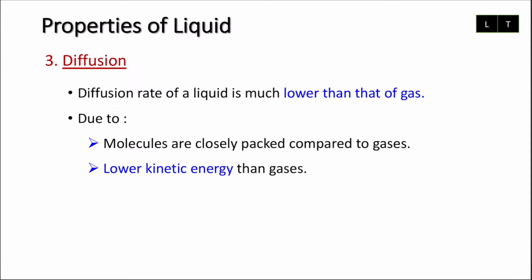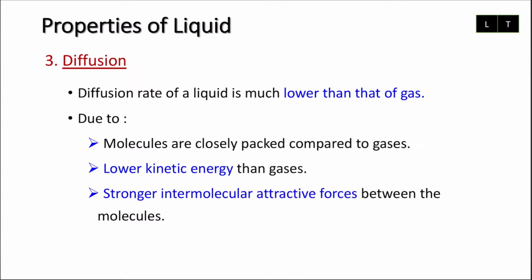Maknanya ada yang tak boleh bergerak sebab dia closely packed. Ada yang bergerak sebab dia ada empty spaces sedikit. Cuma dia tidaklah bergerak dengan pantas seperti gas. So, apa yang kita boleh maksudkan dekat sini? Bila lower kinetic energy than gases, it means that liquid has stronger intermolecular attractive forces between molecules. Daya tarikan tu sangat kuat.